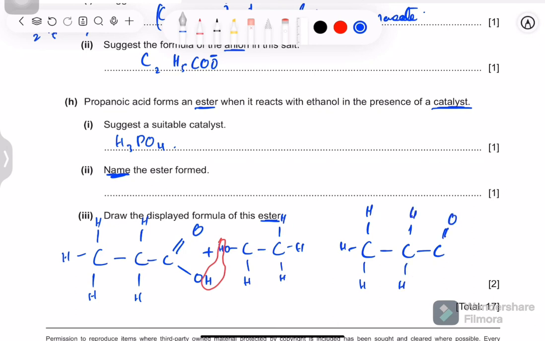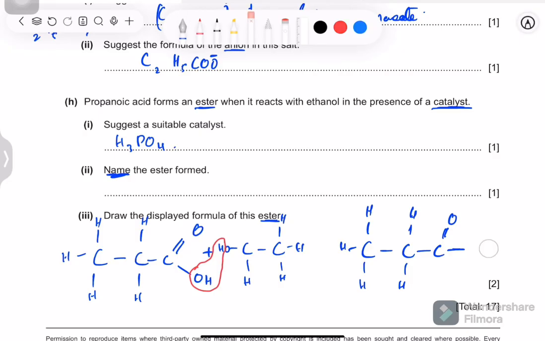CHHHHO. Now this OH is gone, this OH and this H is gone, so this will give you this O. Now it had one hydrogen attached to it. When that hydrogen is gone, it has free bond, it can make another bond with the carbon, so it makes it, and the original bond remains.